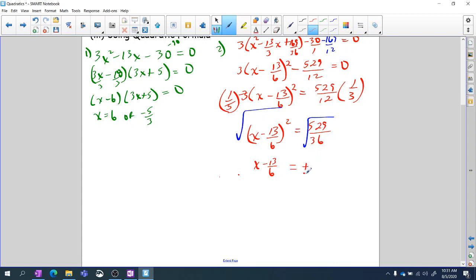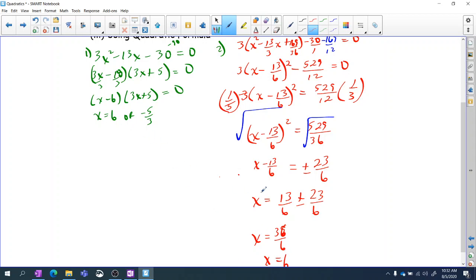Remember, this is always going to have to be plus or minus. The square root of 529 is 23, and the square root of 36 is 6. X is equal to 13 over 6 plus or minus 23 over 6. X would equal 13 plus 23, which is 36 over 6, which is equal to 6.